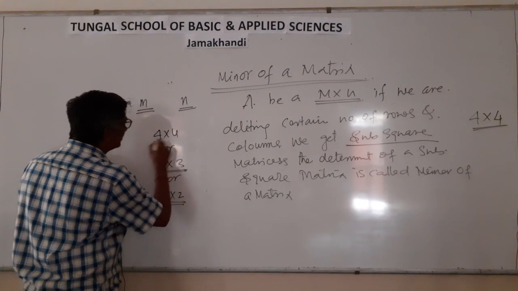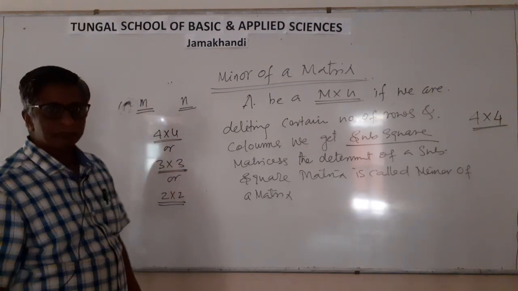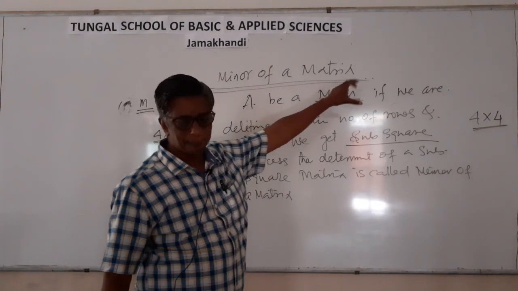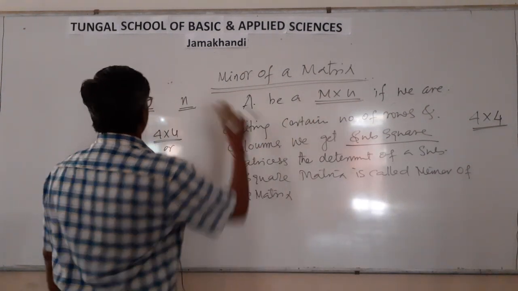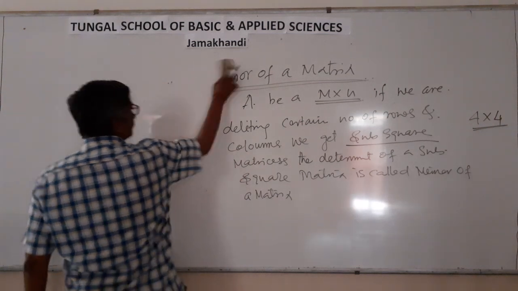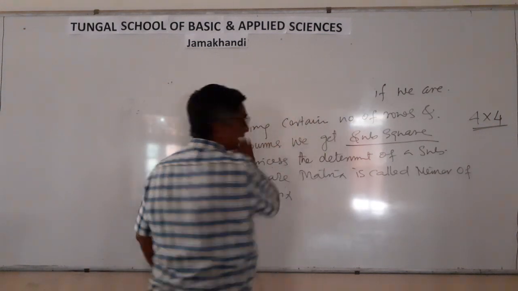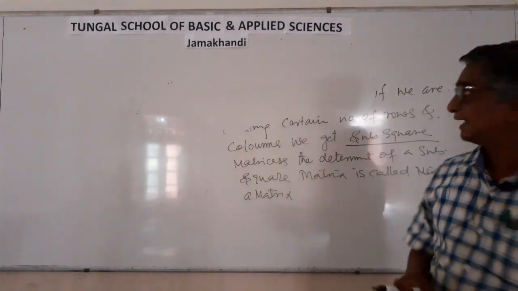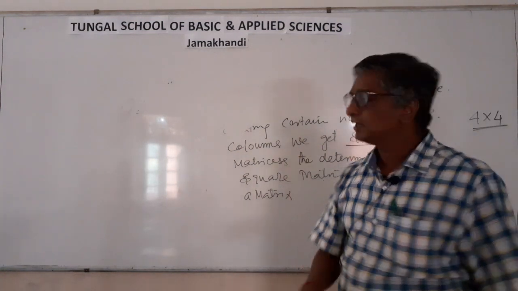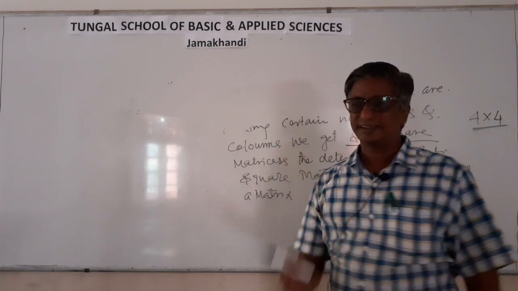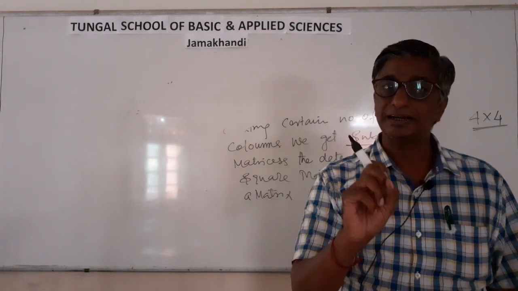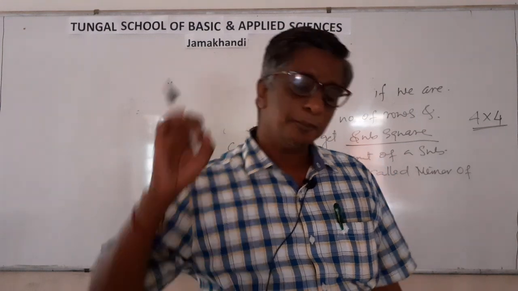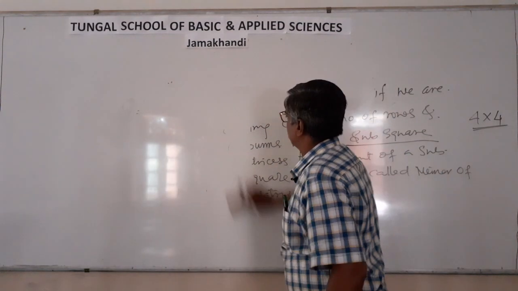Then the determinant of this is known as a minor of a matrix. Okay? I am not going into detail because I will explain in detail after completing this brief introduction or recapitulation of matrices.